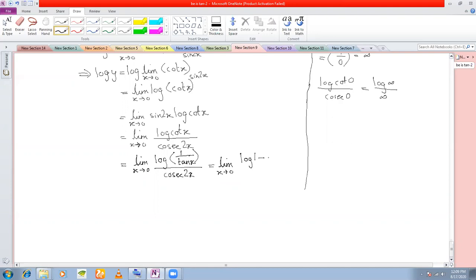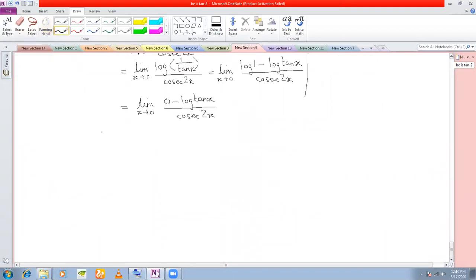This can be written as log 1 minus log tan x divided by cosec 2x. And log 1 is 0. 0 minus log tan x divided by cosec 2x.